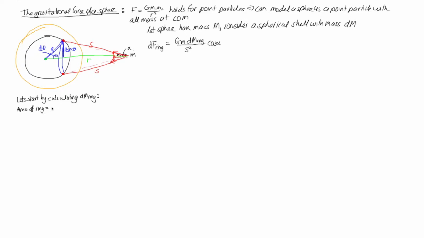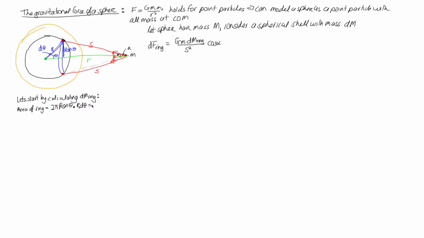So the area of the ring is given by the circumference, which is 2 pi R sine theta, times the width of the ring. So this subtends an angle d theta in here, and we know that arc length is given by R d theta. So the width of our ring is given by R d theta.